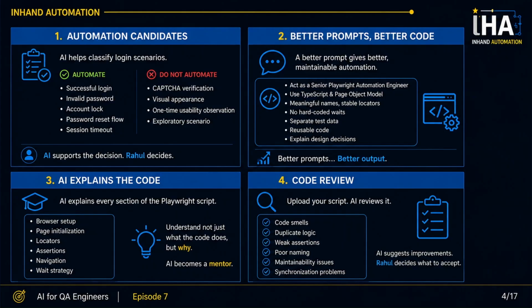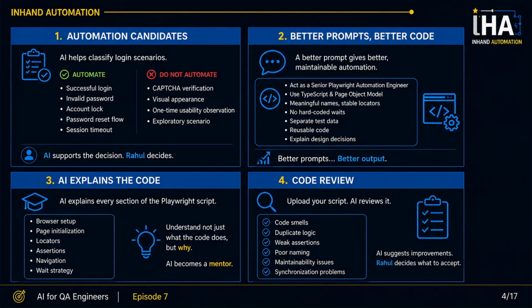Because I want to maintain the framework already defined in my current project. So AI will review the script and suggest a lot of improvement areas. Rahul did the same and got some suggestions.